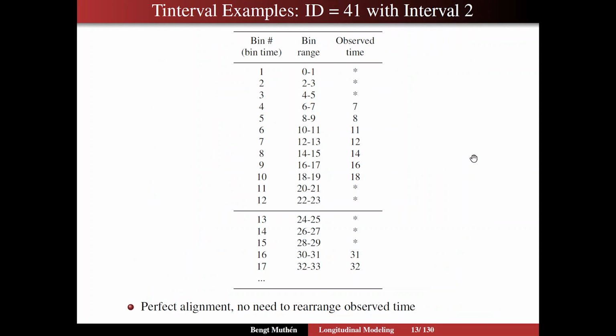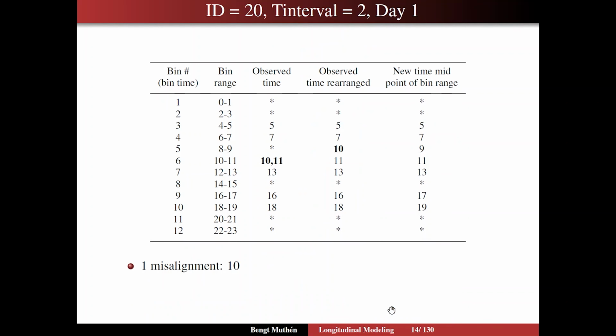Now, let's take the same person, but time interval 2. So a smaller time interval. And for the bin range, we only have one observed time for each and every bin range. Perfect alignment, no need to rearrange observed time. So there, it doesn't hurt the data at all.